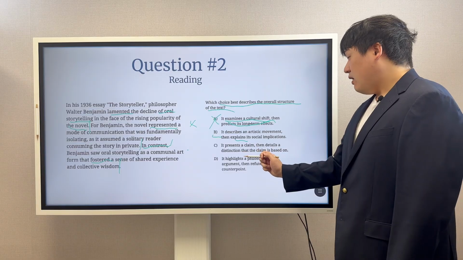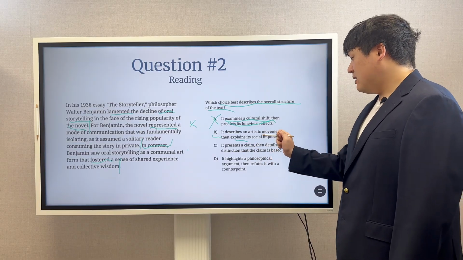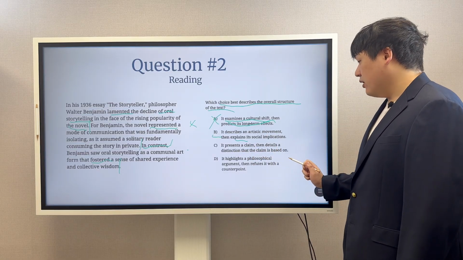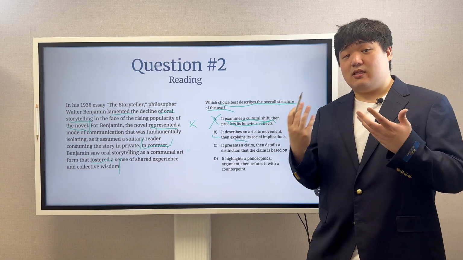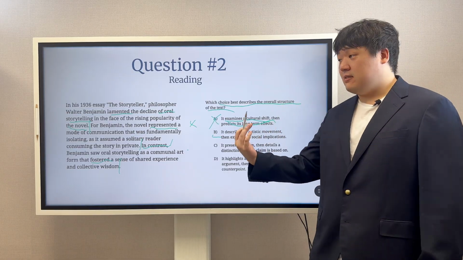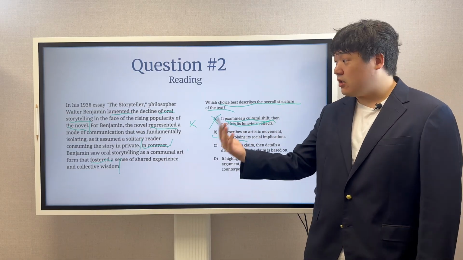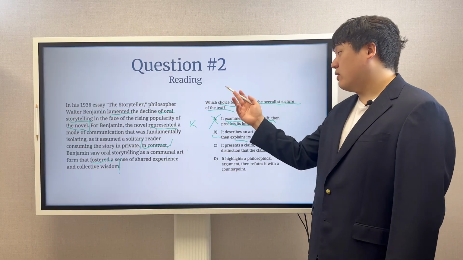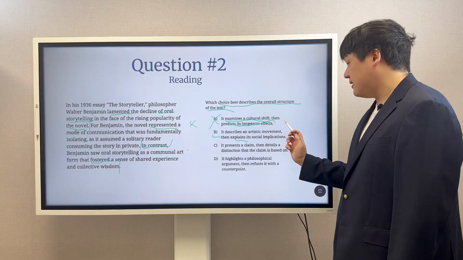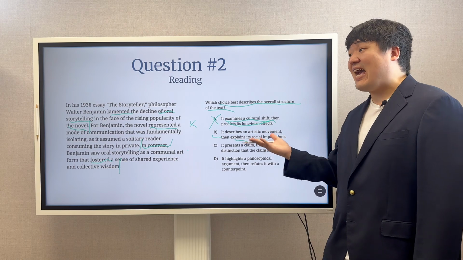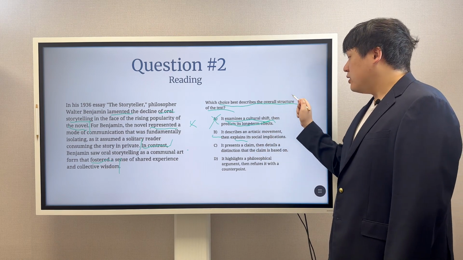For C, it presents a claim, then details a distinction that the claim is based on. So at first glance, this might not seem like the answer because it doesn't use the vocabulary that we see within the passage, right? We don't have things like culture or artistic. But if you examine what it's actually saying, we're discussing structure.